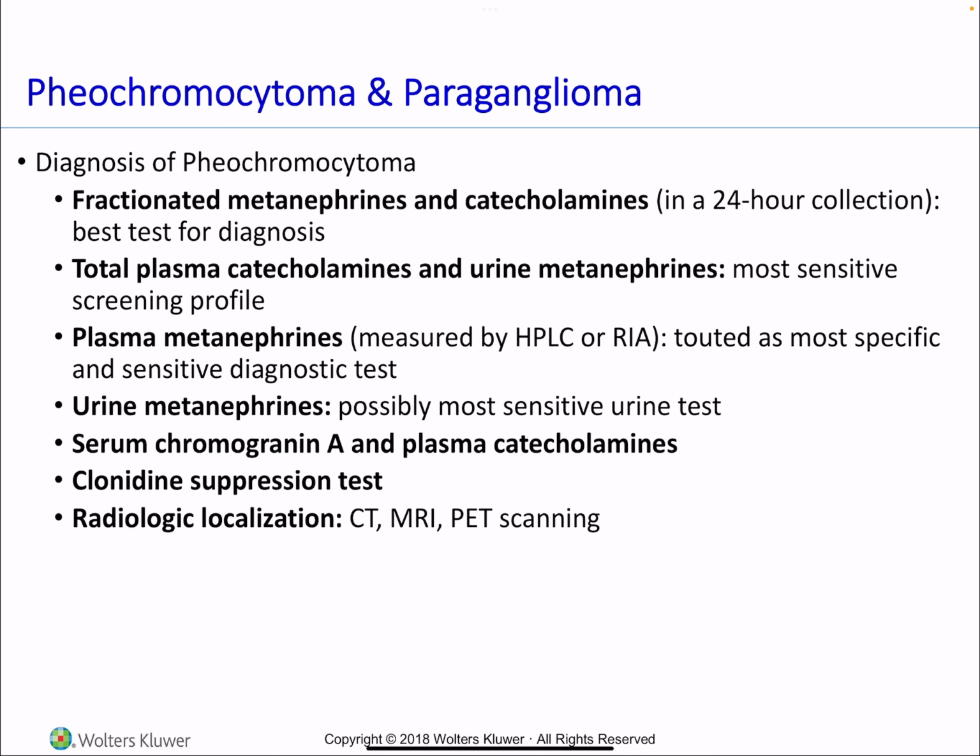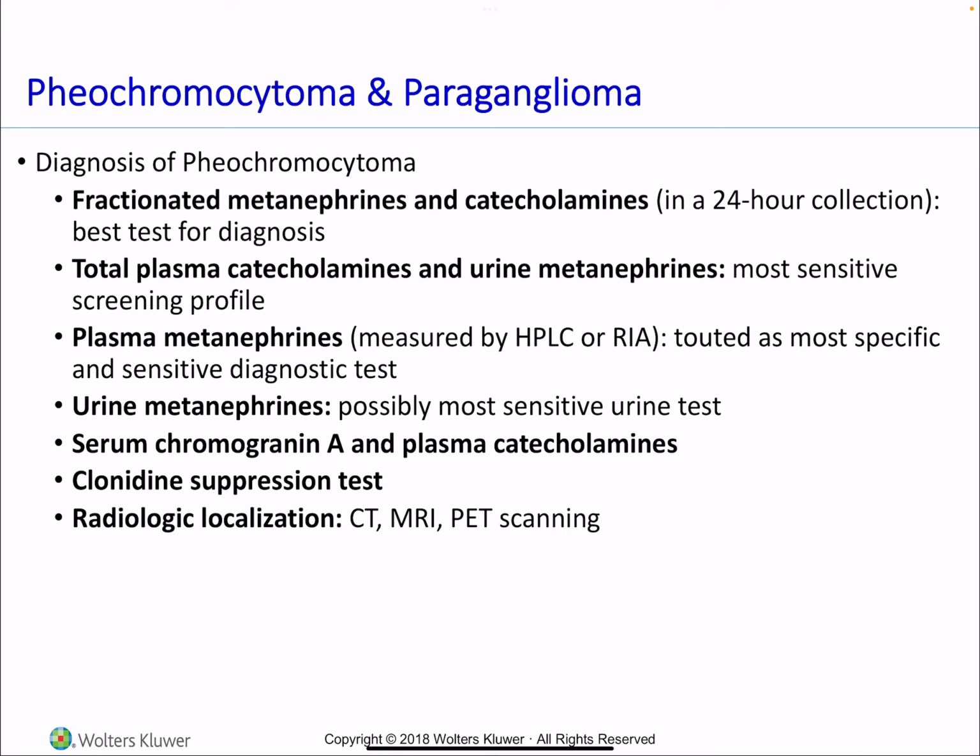So the diagnosis of pheochromocytoma are listed here. We can use fractionated metanephrines and catecholamines in a 24-hour collection, which is the best test for diagnosis. We can use the total plasma catecholamines and urine metanephrines, which is the most sensitive screening profile.